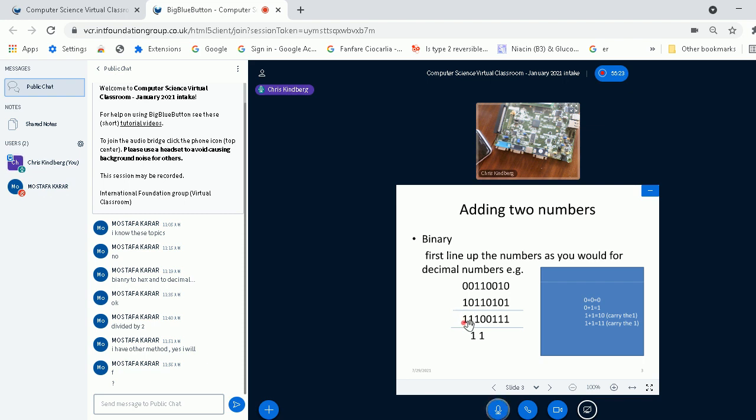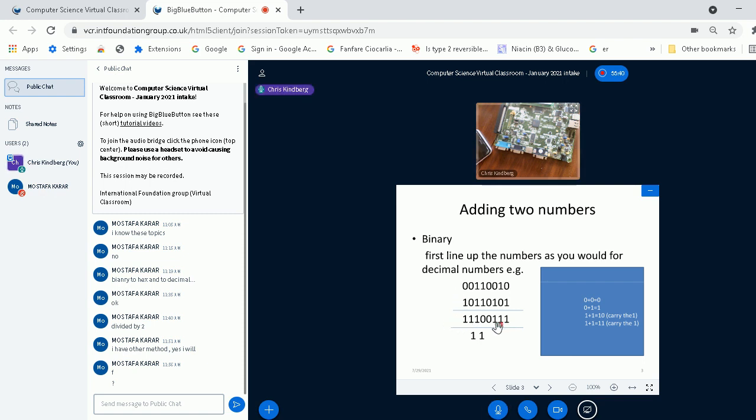In this column here, I'm adding 1 to the carry 1, and I've got 1 and 1, and 0 and 0, which gives me a 1, and then I'm adding a 0 and 1 to give me a 1.